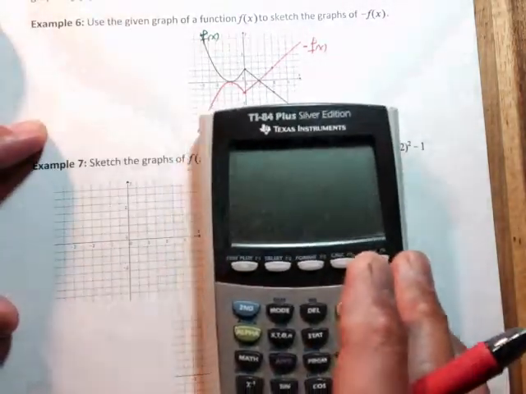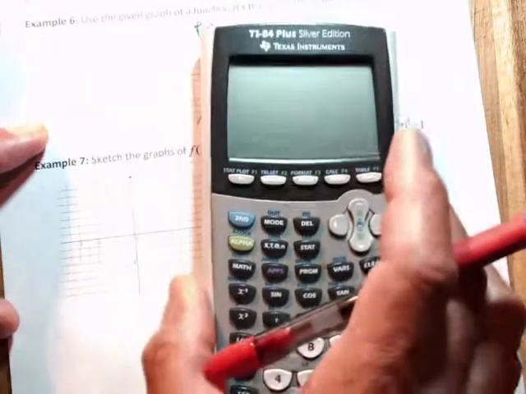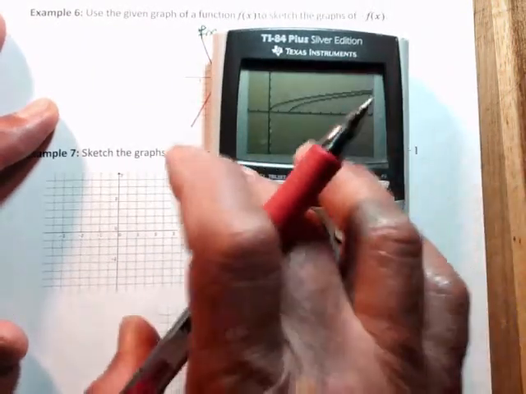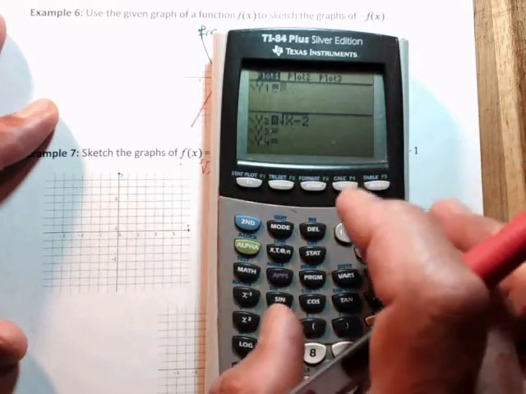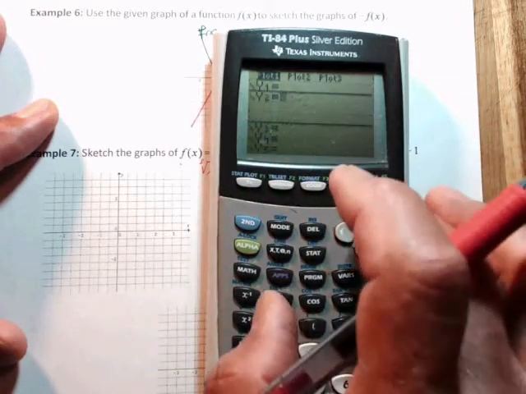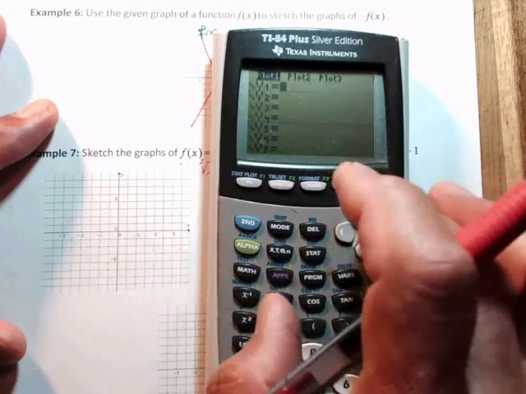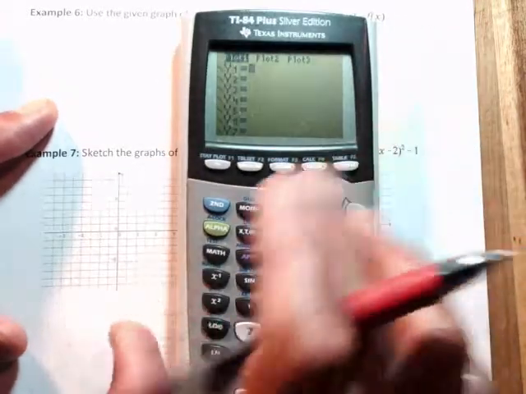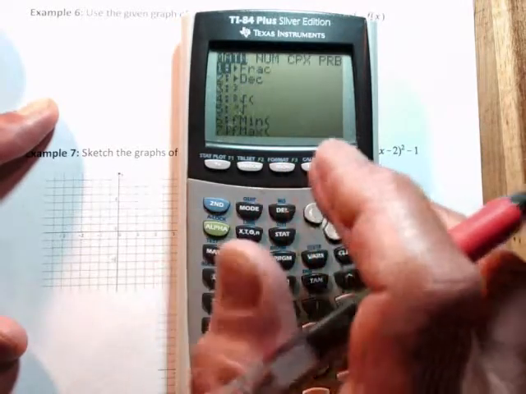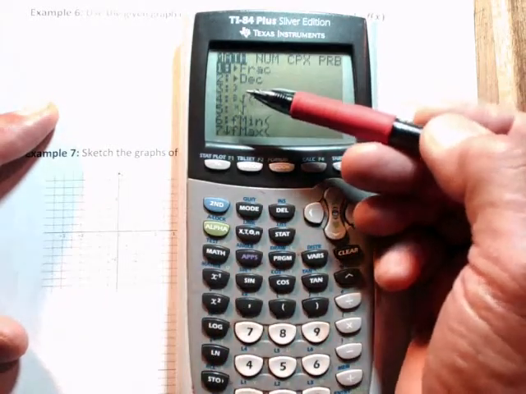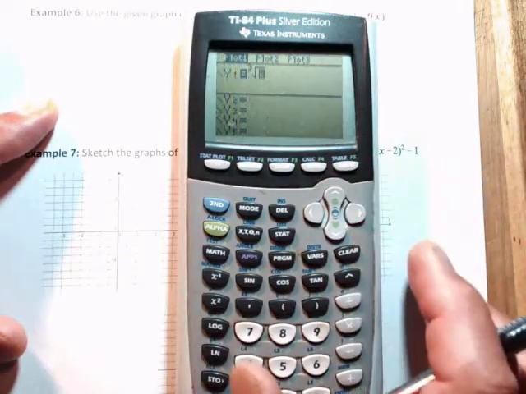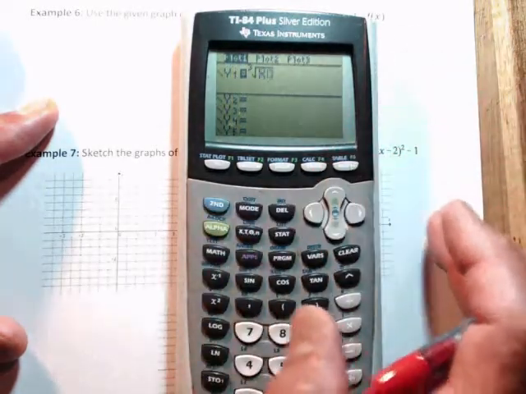If I do it on my graphing calculator, you have to go to math. Cube root is right here, number 4. So cube root of x.